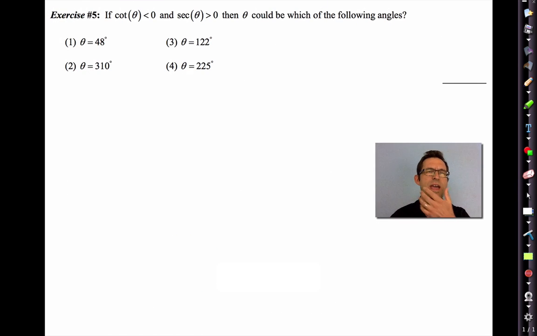Exercise 5. If cotangent of theta is less than 0 and secant of theta is greater than 0, then theta could be which of the following angles? Well, pause the video and think about this. Somehow this relates to the last problem that we did.